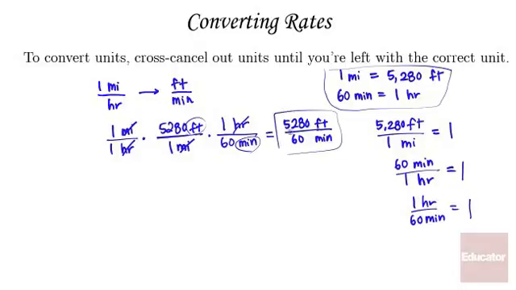Now, I can simplify this if I want. This is a ratio, it's a rate. But if I want to change it to a unit rate, I can divide this by 60 and then divide this by 60. Now, 5,280 divided by 60 is going to give me, I'm going to cross out these zeros.